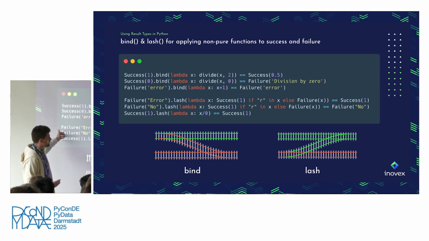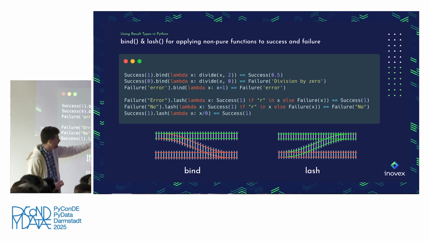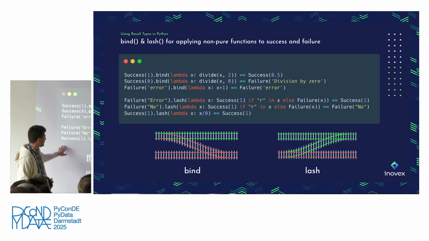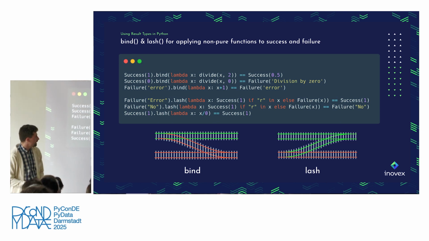And it's analogous to lash, right? Where you could recover or not recover. So I'm just checking if there's an R in error, there is one, or not in no. And success is also like a no-op. Lash is a no-op on success, so nothing happens.